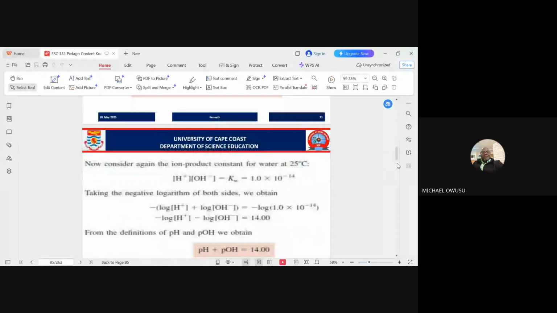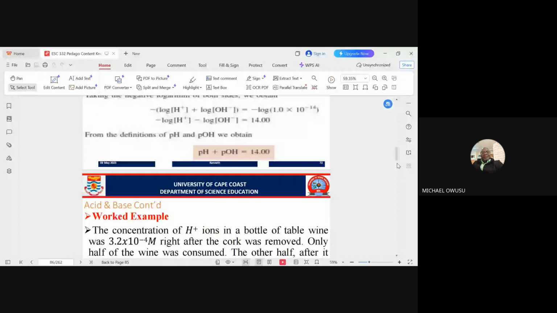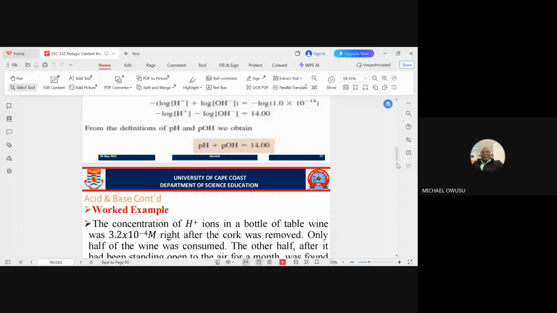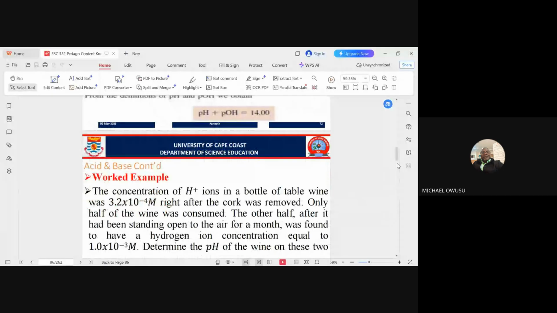We are going to calculate either the pH or the pOH, but note this: pH plus pOH is equal to 14. pH plus pOH will give you 14. Take note of this. Out of this, we'll be able to calculate solutions to find their pH and pOH. So take note of that.